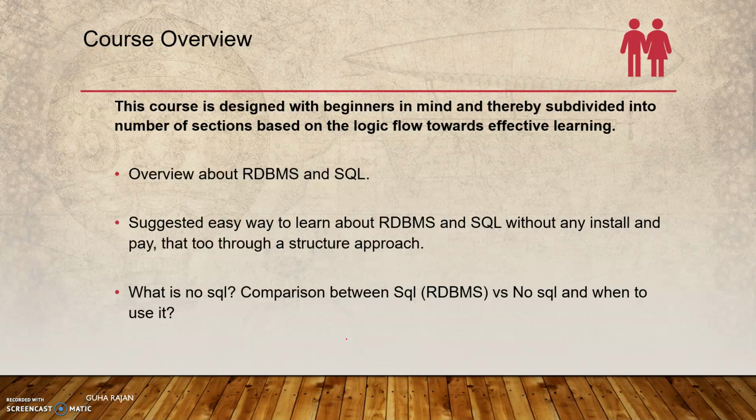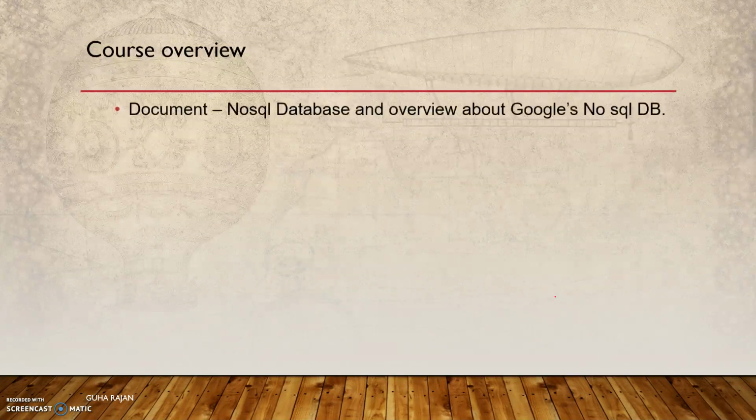And then post this, we'll discuss what is NoSQL and then a comparison between the SQL, which is RDBMS based, and the NoSQL databases, and when to use them and why. Post that, I'll be getting into the document NoSQL database and an overview about Google's NoSQL database.